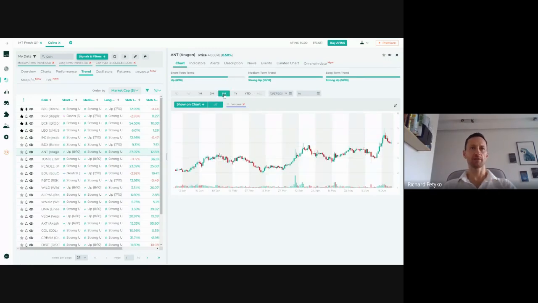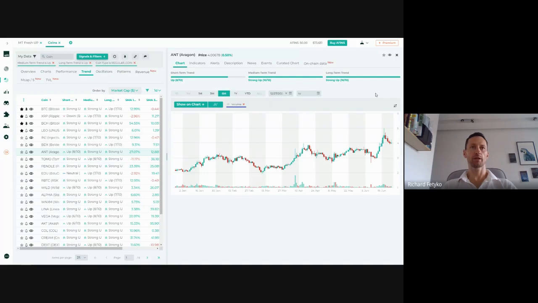Another nice uptrend, right? Higher high than the prior upswing, yet another higher high, higher low, higher low, higher low. Beautiful. Textbook uptrend.